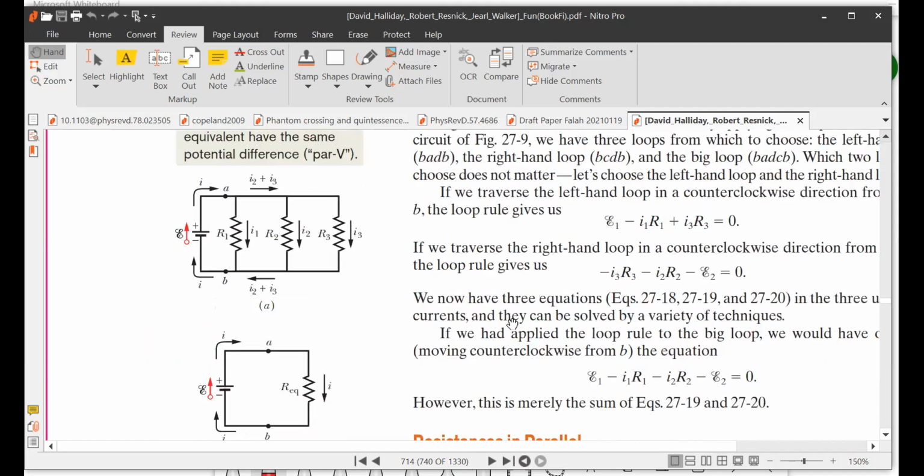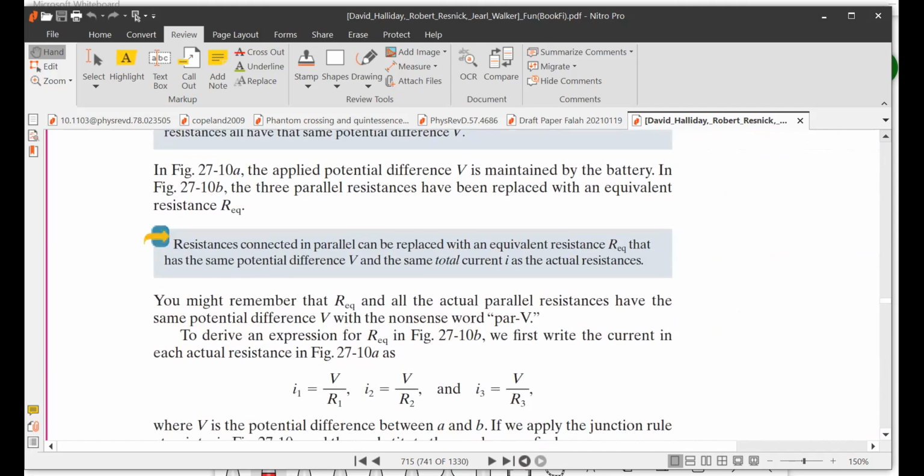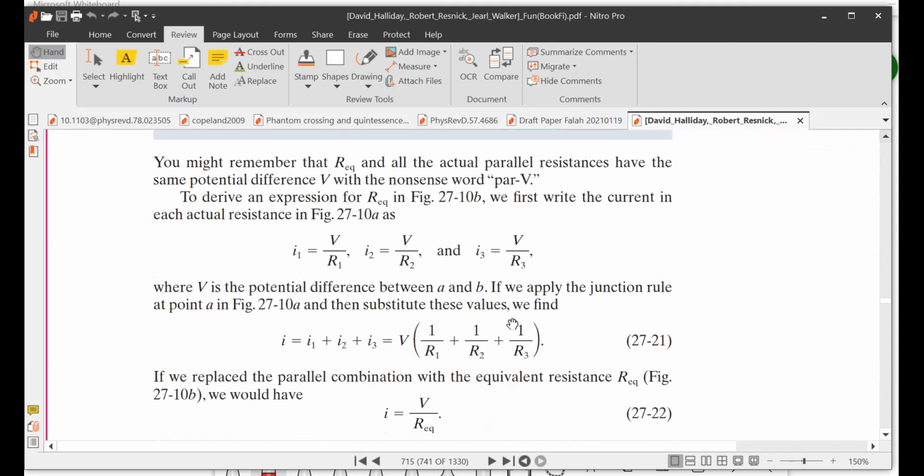In the parallel circuit, the voltage is the same for all resistors, R1, R2, and R3.